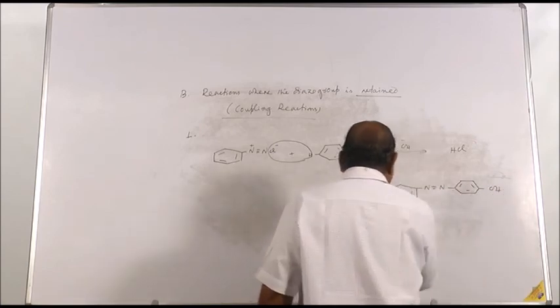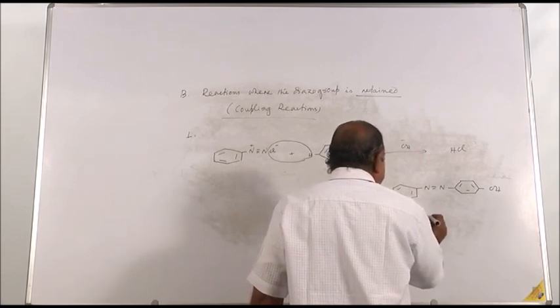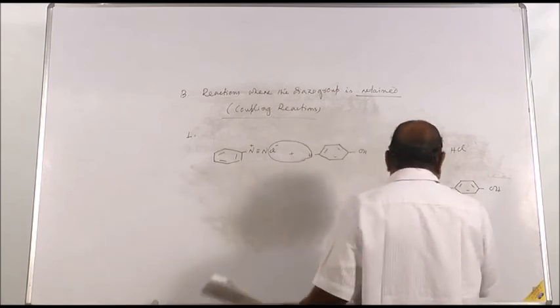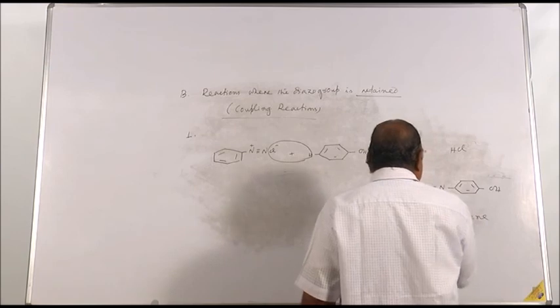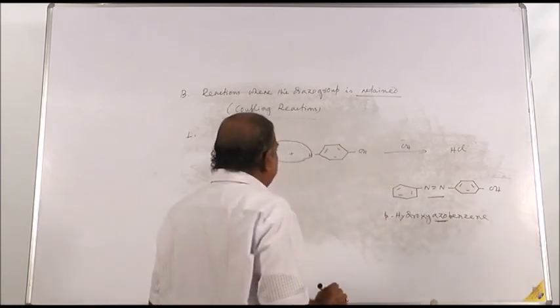This compound is para-hydroxy azobenzene. Already I have told you in my previous class, this azo word will be there when there is nitrogen-nitrogen linkage.